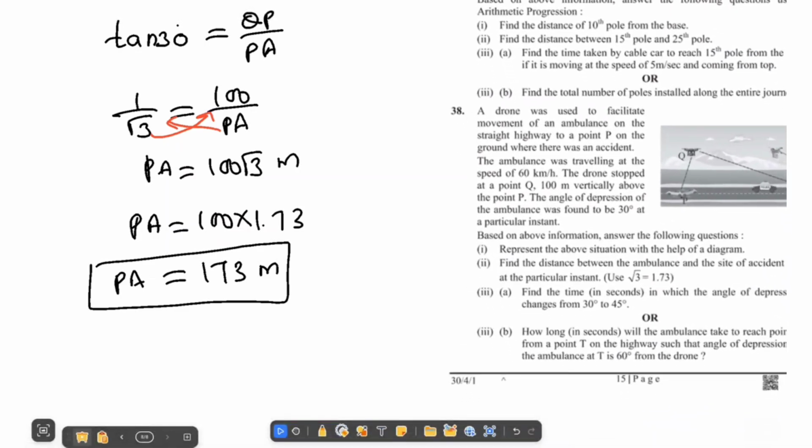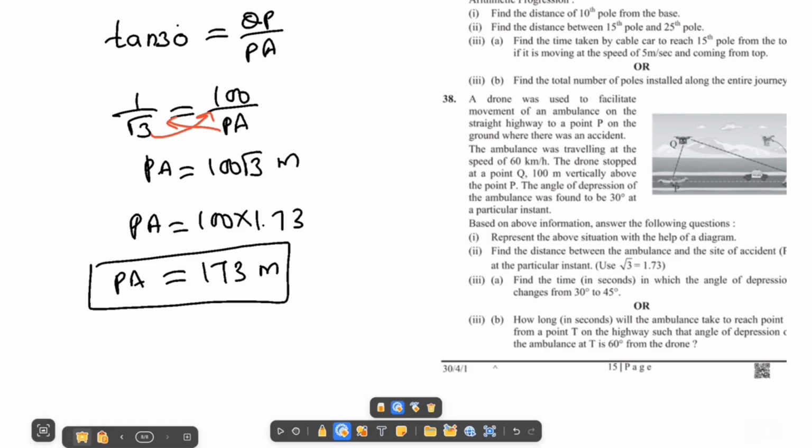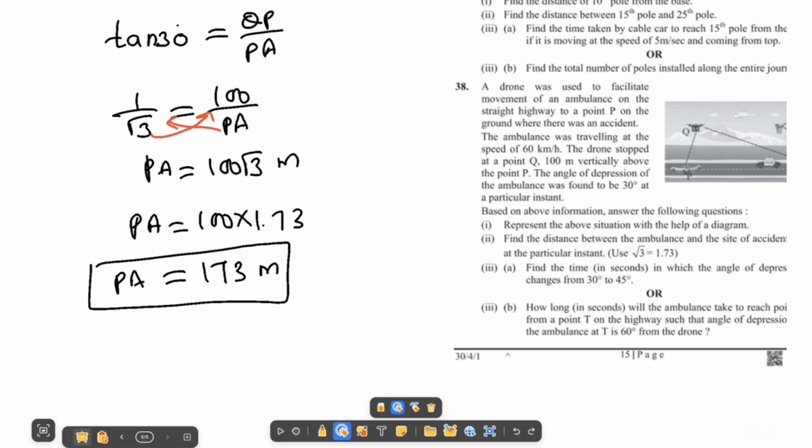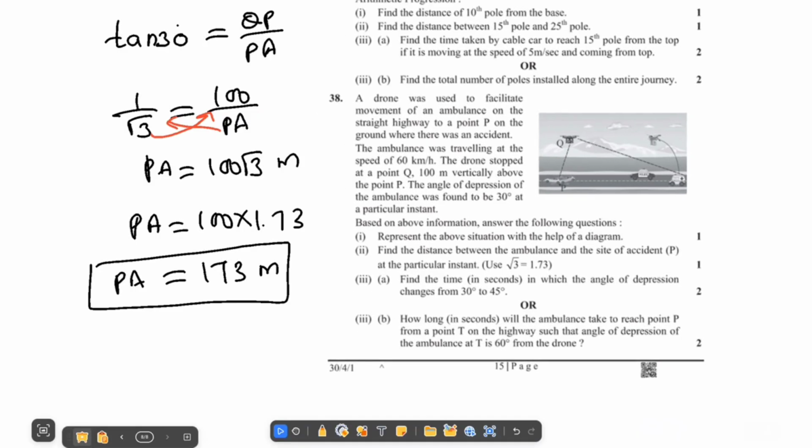What is the next question here? Third A question. Find the time in seconds in which the angle of depression changed from 30 to 45. So what is the time taken to change the angle of depression from 30 to 45? First of all, we have to find the distance covered while the angle of depression changes from 30 to 45.